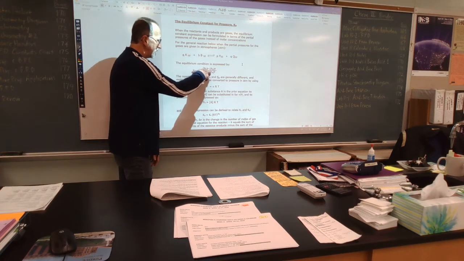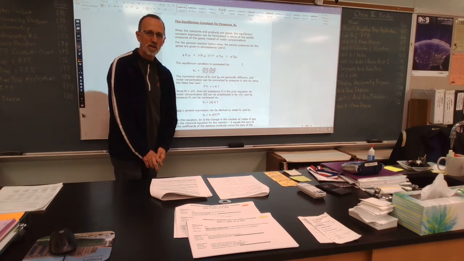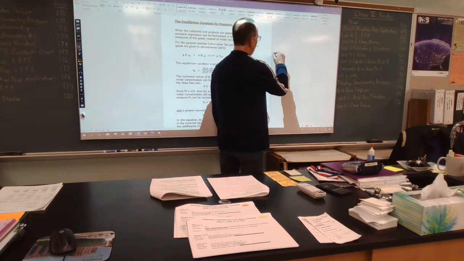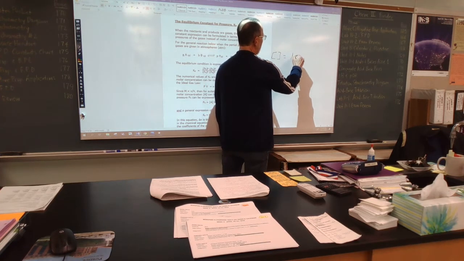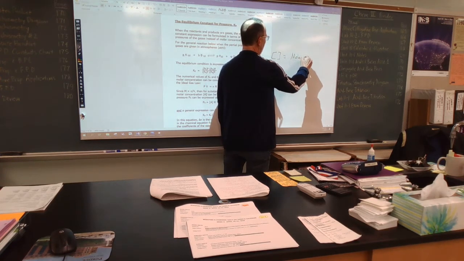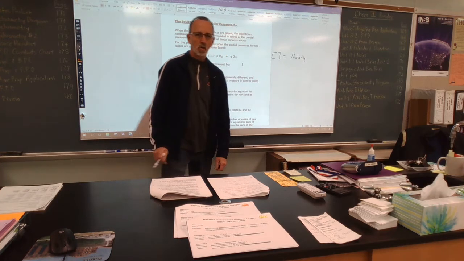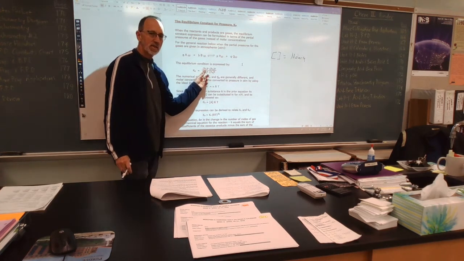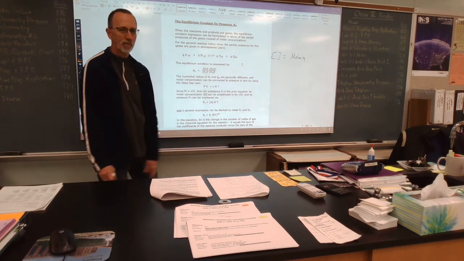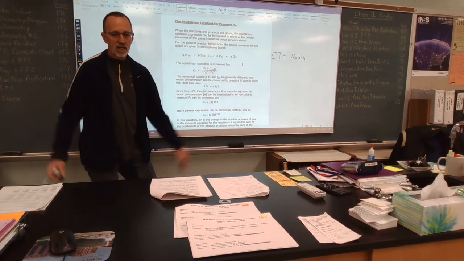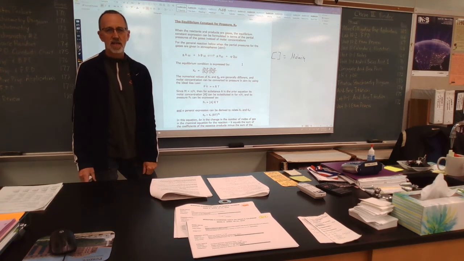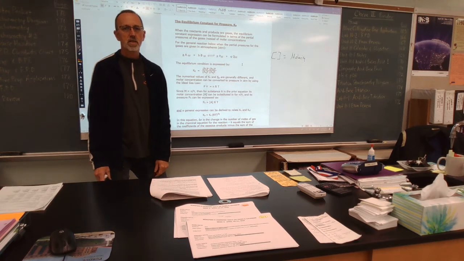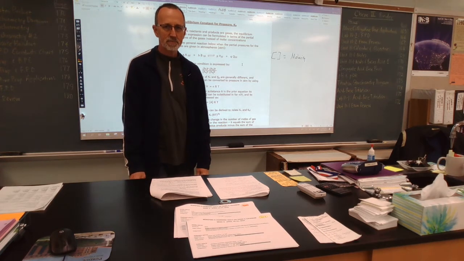So notice we don't have the brackets here, because remember that bracket means molarity. So with Kp, we just put our pressures in parentheses. Other than that, it's the same exact setup, all right? Products over reactants, okay?